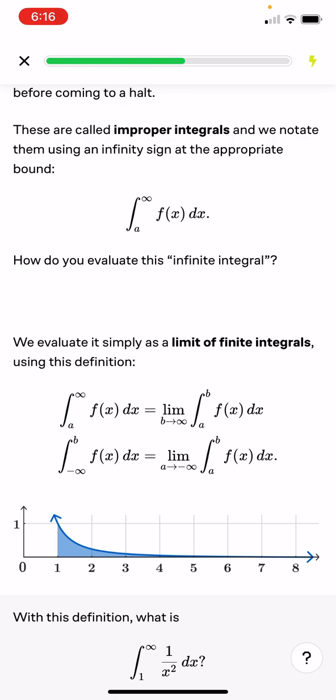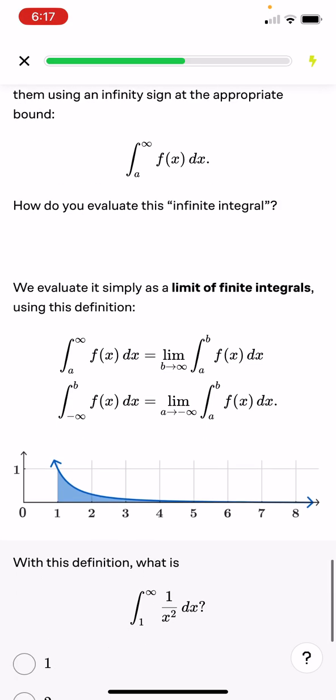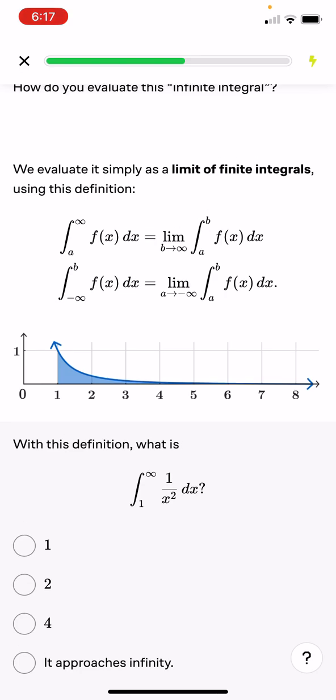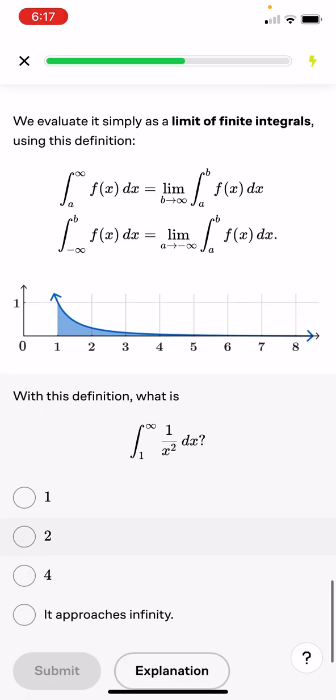The integral to infinity of a function f(x) dx equals the limit as b goes to infinity of the integral up to b of f(x) dx. So replacing with b, and similarly the limit of a going to negative infinity. So just replacing with a placeholder.